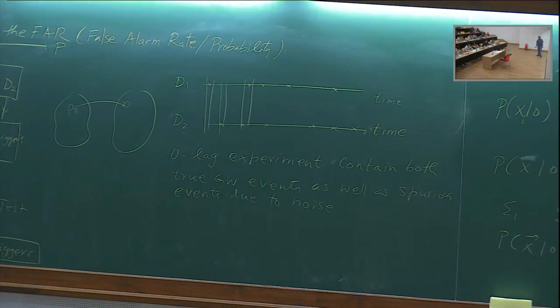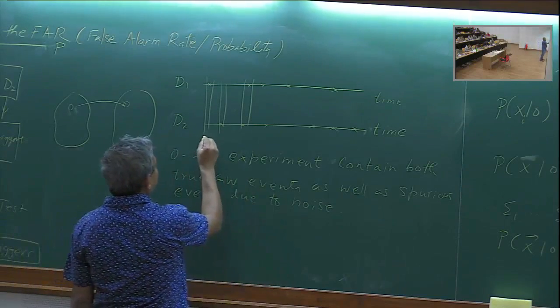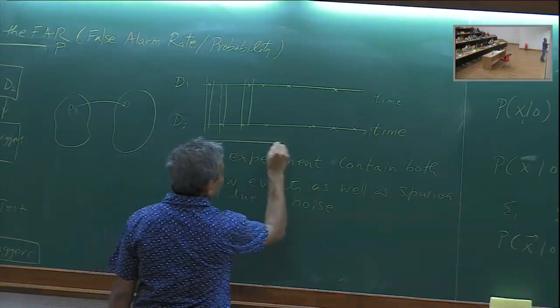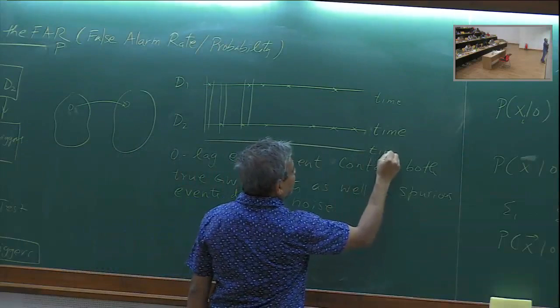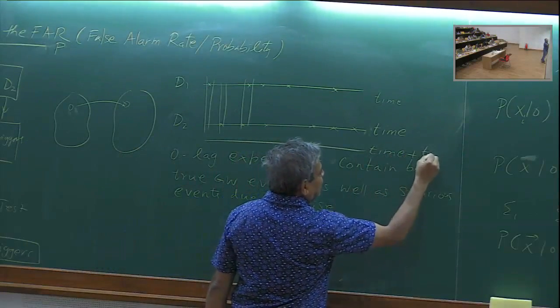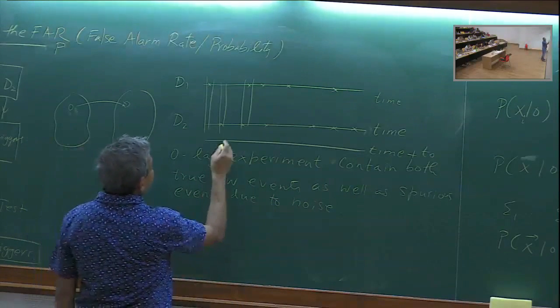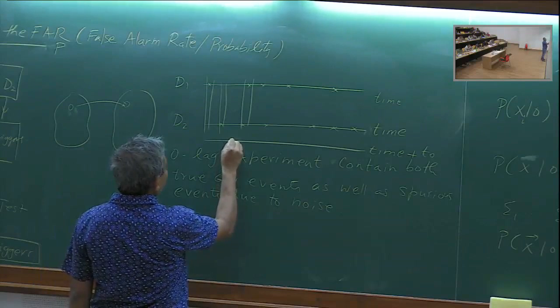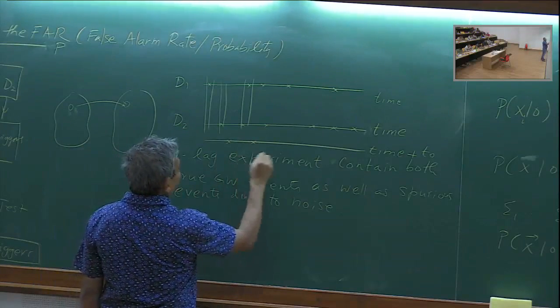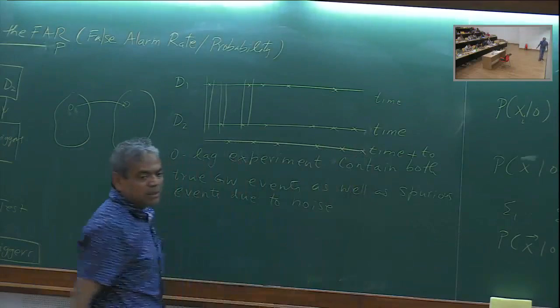However, if you now do an experiment where you shift the data from the second experiment, time plus some t naught, then all these events get moved by a certain time.